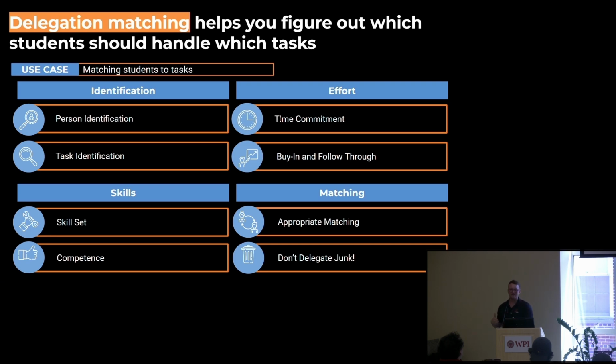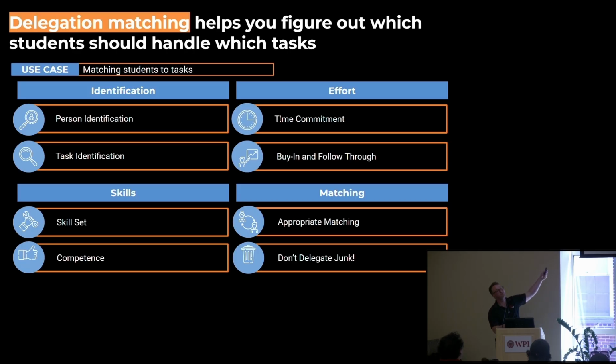It doesn't make a lot of sense as a thing to delegate. It's a thing that needs to get done. I wouldn't put it into this matrix. So just make sure that as you're assigning things out and you're delegating these tasks, you're not just delegating for the sake of delegating.